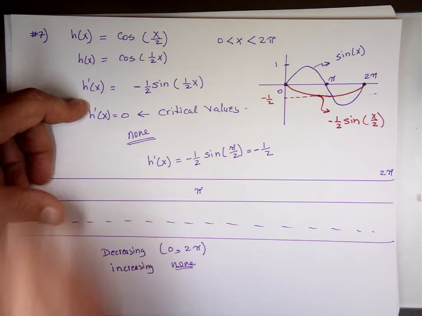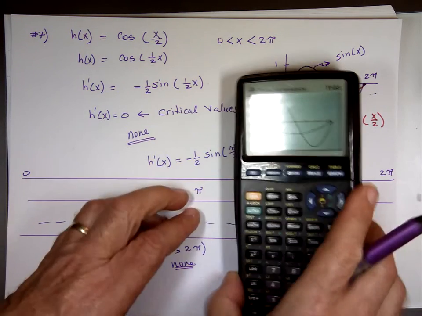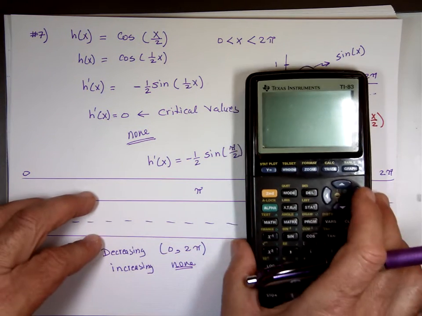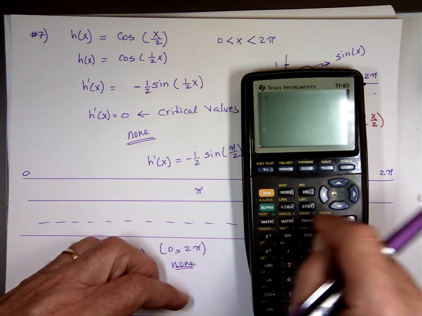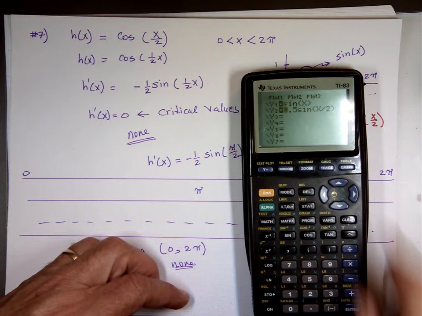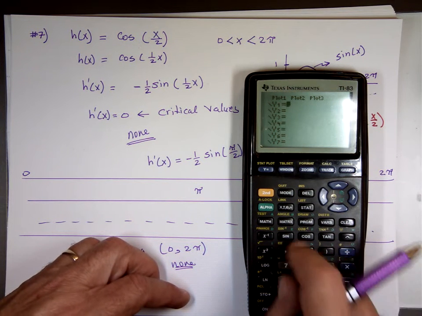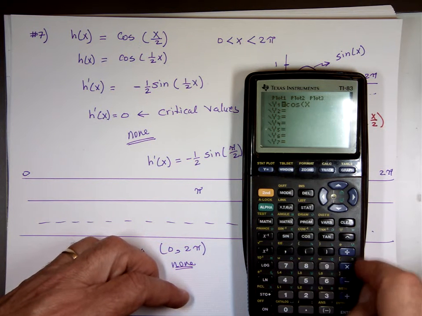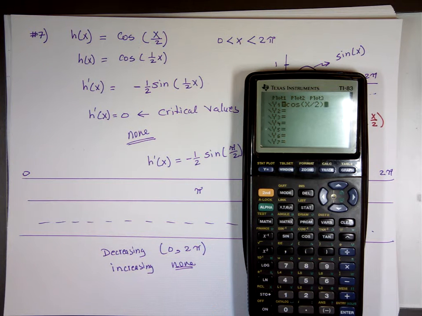So if you graph the cosine of x here, let's put in the cosine and see if we're right. Clear that. Cosine x over 2. I think the function should be always decreasing from 0 to 2 pi.